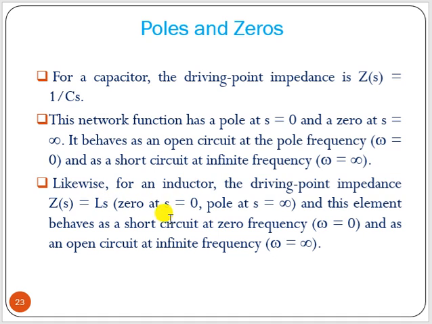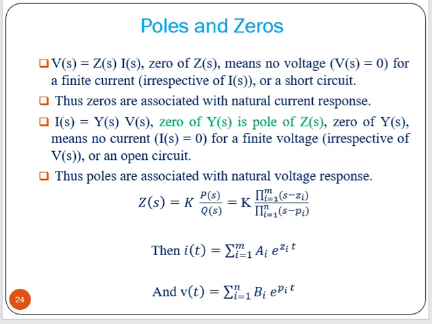That means at omega equal to 0, this function becomes 0, or short circuited. There is no denominator term, so the pole should be at infinity. That means at omega equal to infinity it becomes open circuited. So that is the actual meaning of inductor and capacitor that you know previously, which we can extend with respect to this pole-zero concept.